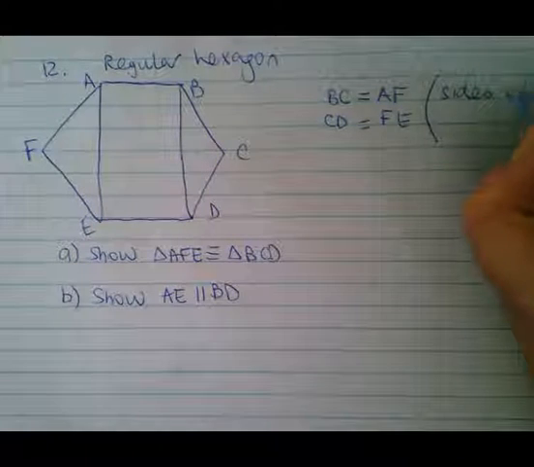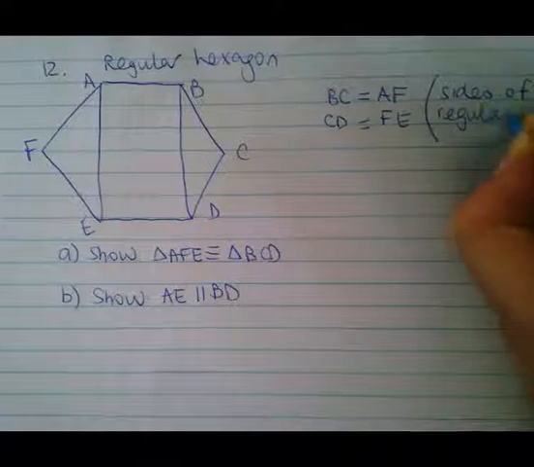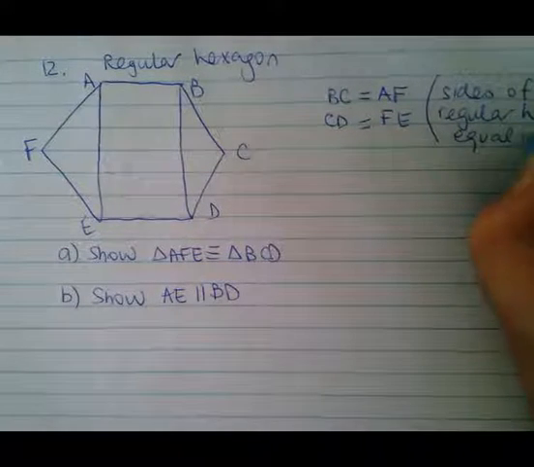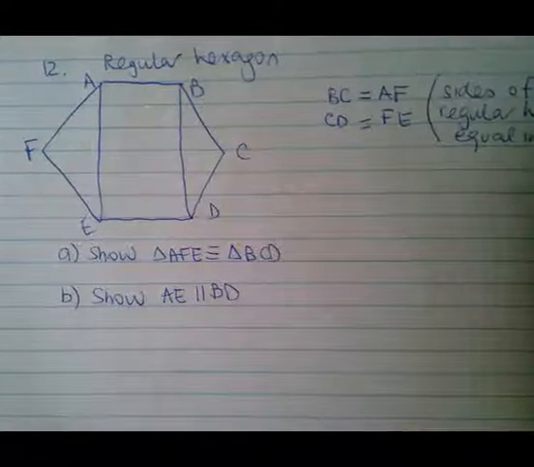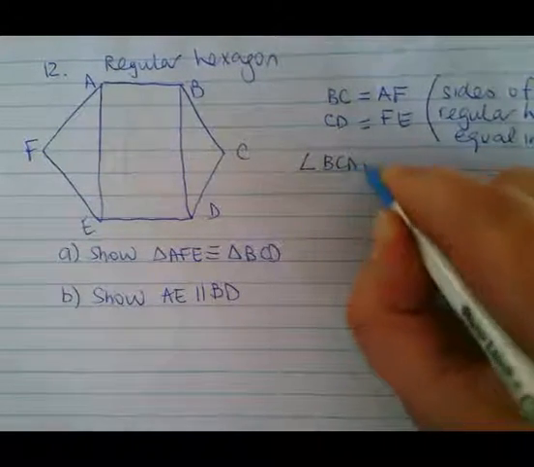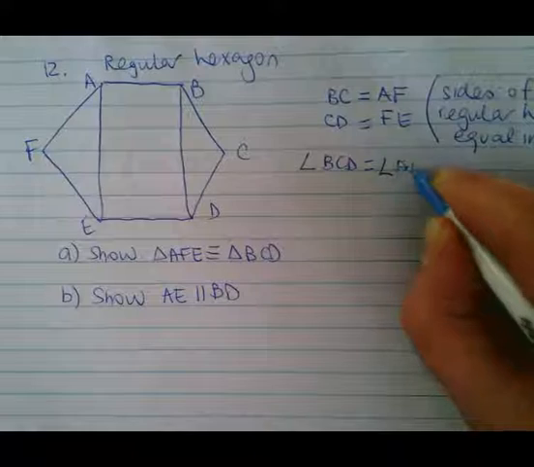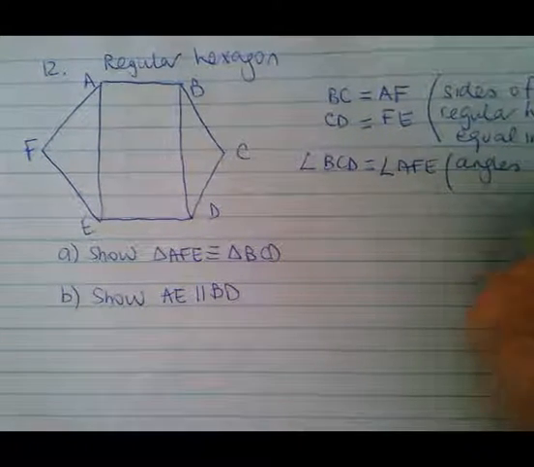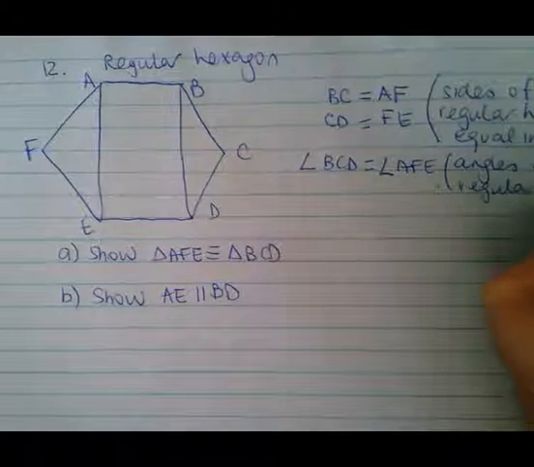Sides of a regular hexagon are equal in length. And we also know that angle BCD equals angle AFE, angles of a regular hexagon.